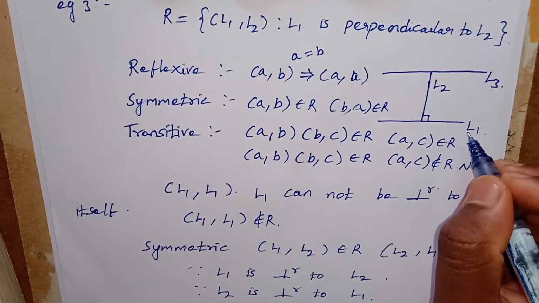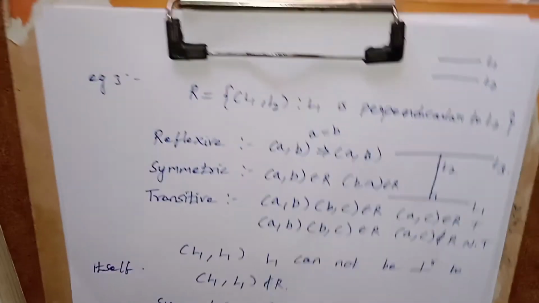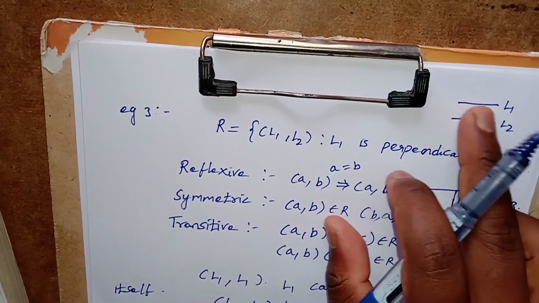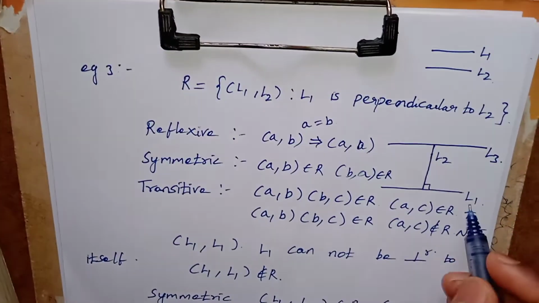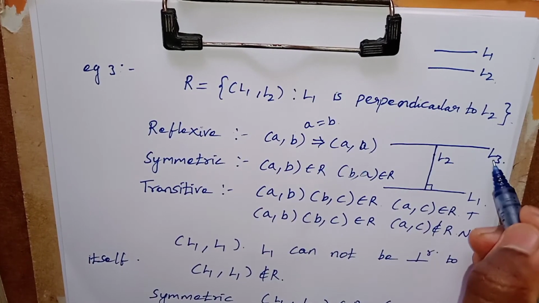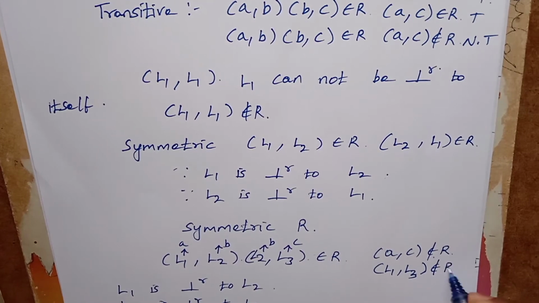You have to check L1 and L3. L1 is parallel to L3, see here it is parallel. Therefore (L1, L3) does not belong to R.